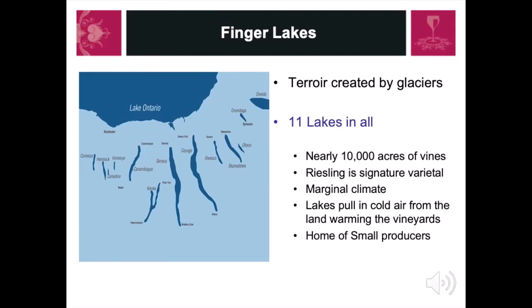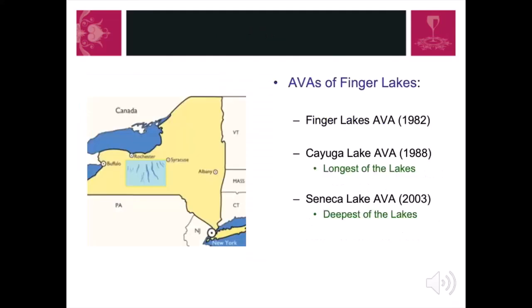So there's this kind of give and take and this balancing act around the lakes in terms of climate that many producers argue is one of the great terroir attributes and characteristics of the Finger Lakes region. So a lot of small producers, won't surprise us.